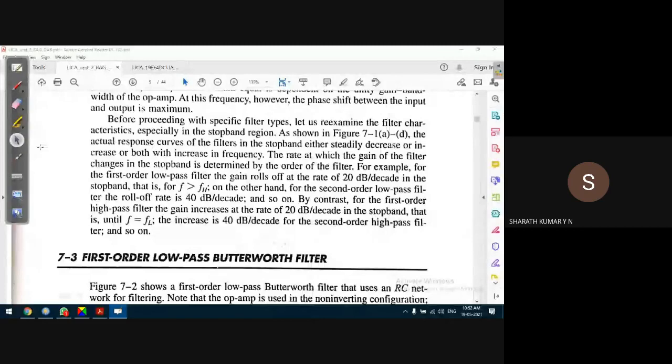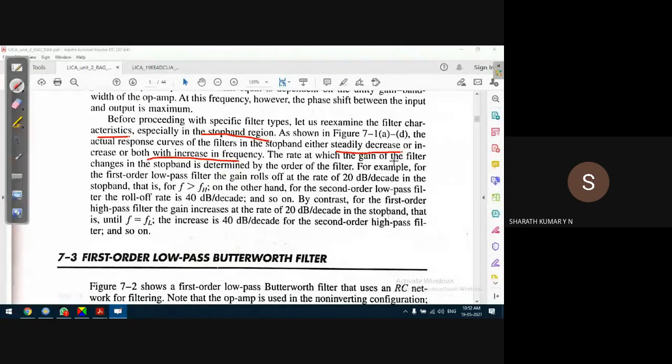Let us first discuss filter characteristics, especially the stop band range. The actual response curves of the filters in the stop band range either steadily decrease or increase, or both increase and decrease with frequency.